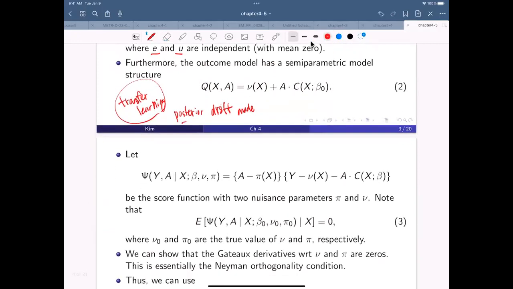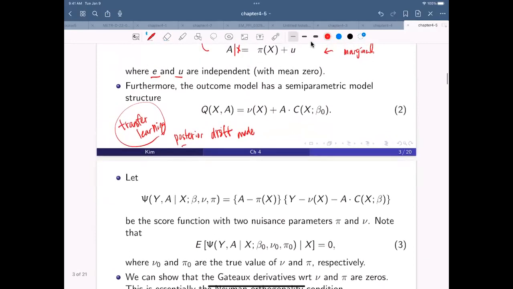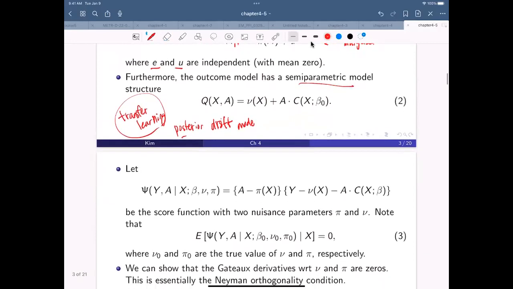But what is novel about this semi-parametric model estimation approach is that James Robins had a very clever idea of putting in this A minus Q term, which has expectation zero. By intentionally putting in an expectation-zero term, he makes an extra protection.